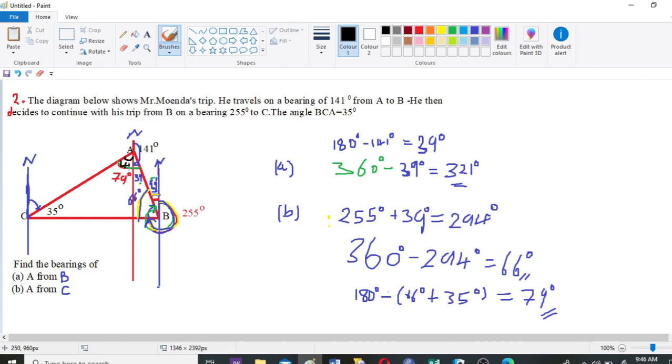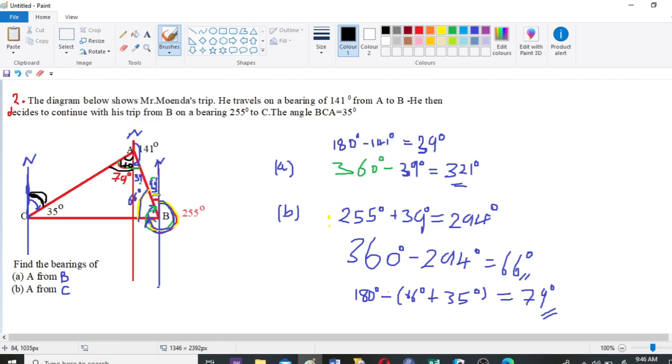Now remember that this 40 degrees angle we found is alternate to this one. They are alternate interior angles.